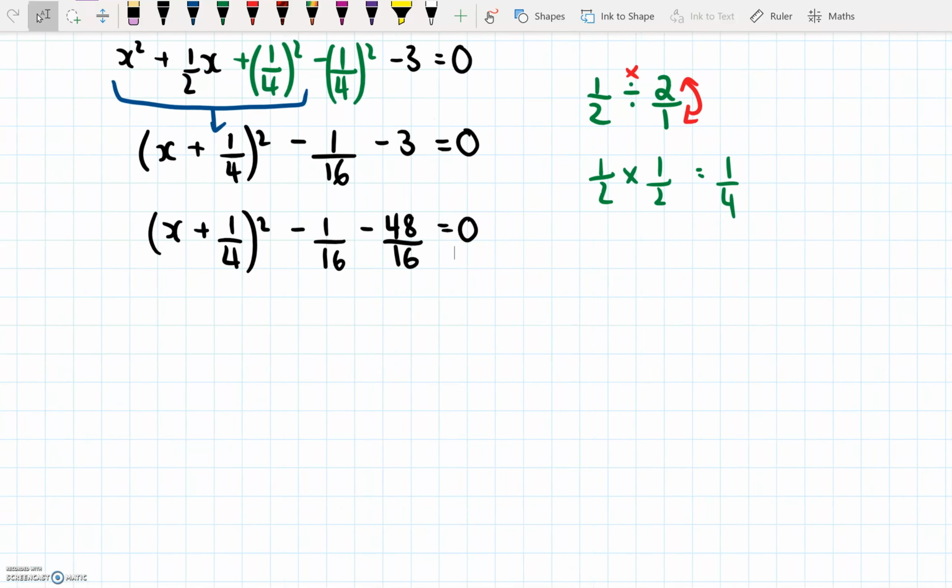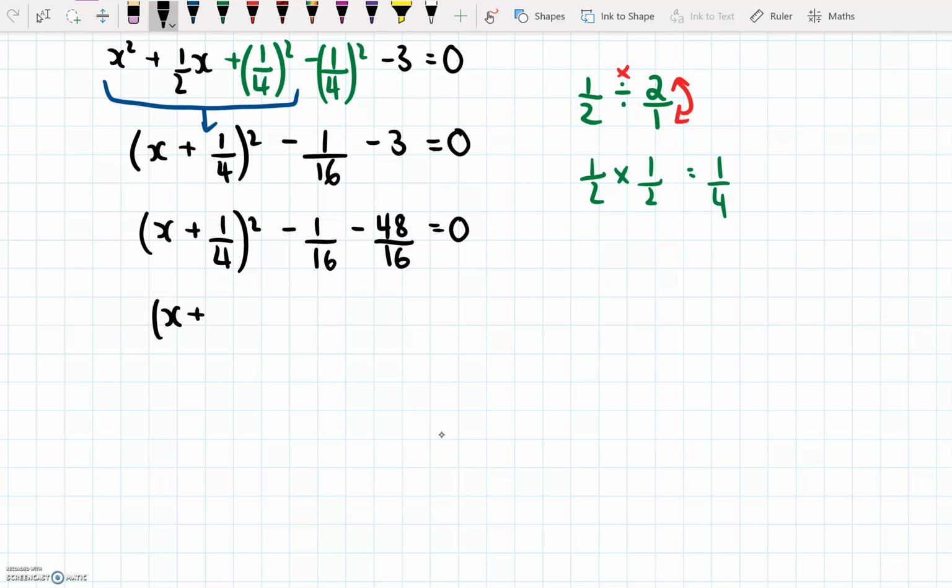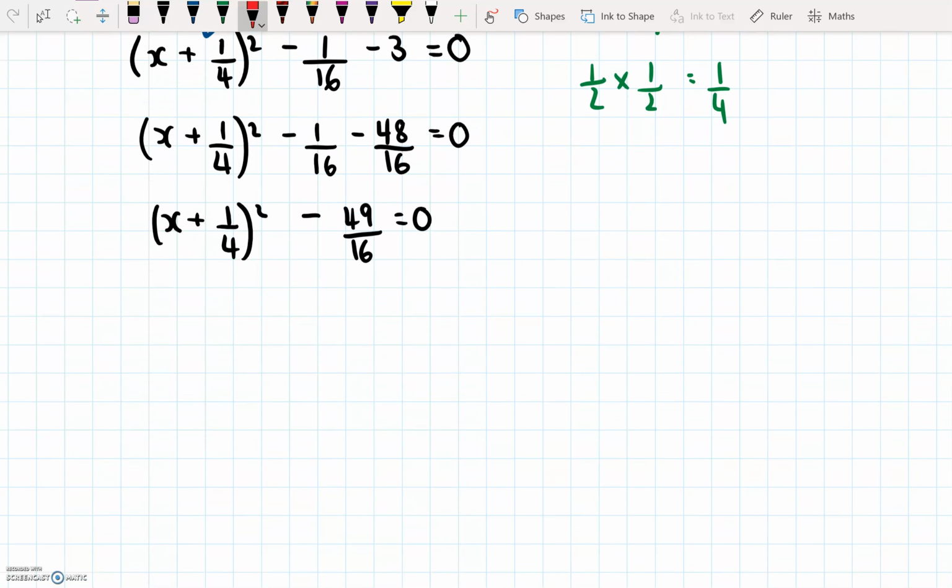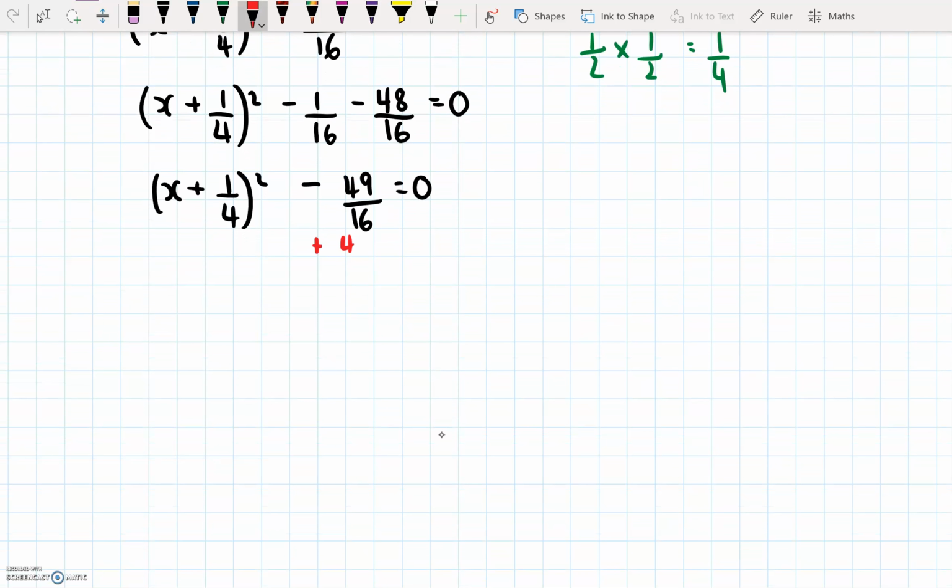So we're going to have x plus 1/4 squared minus 49 over 16 equals 0. Now if we move that to the other side, we do plus 49 over 16 on both sides. So we get x plus 1/4 squared equals 49 over 16.